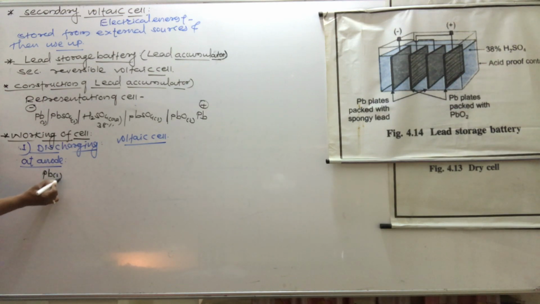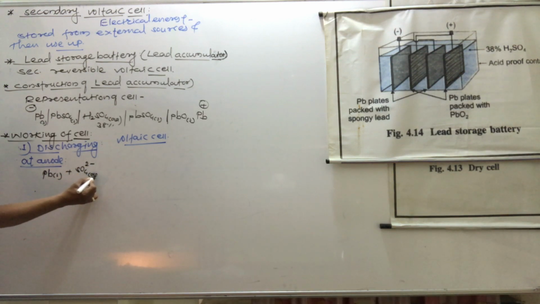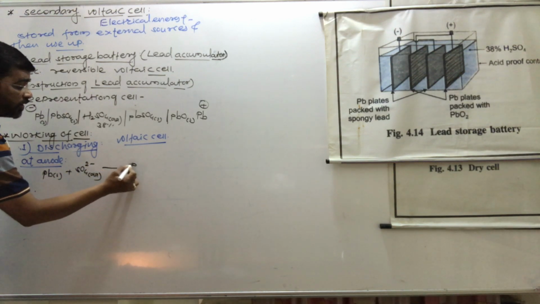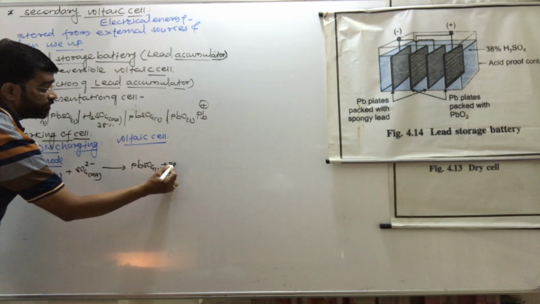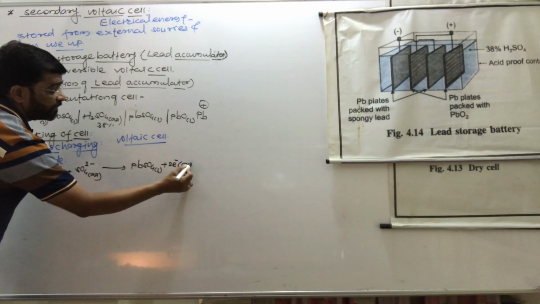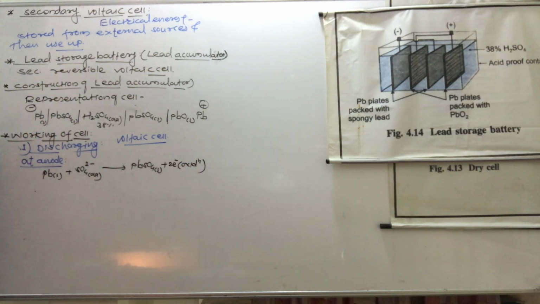Pb solid reacts with sulfate ions, forming PbSO4 solid with the loss of 2 electrons: oxidation.